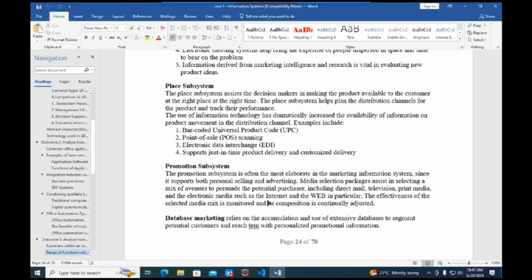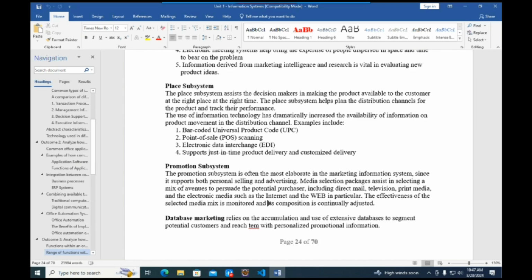We have media selection packages that assist in selecting a mix of avenues to persuade the potential purchaser. So the promotion subsystem is there to promote the products by sending mails. We can use television, print media, and electronic media, for example the internet and the web, to promote the products.